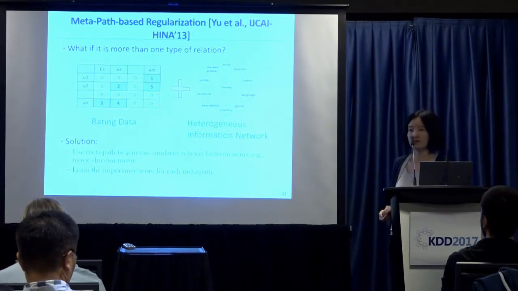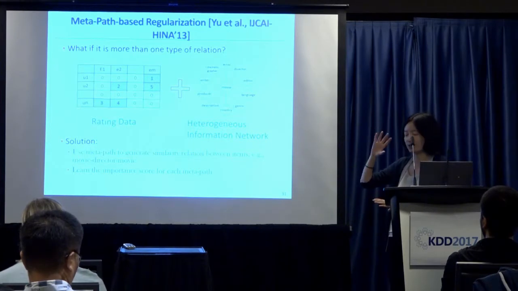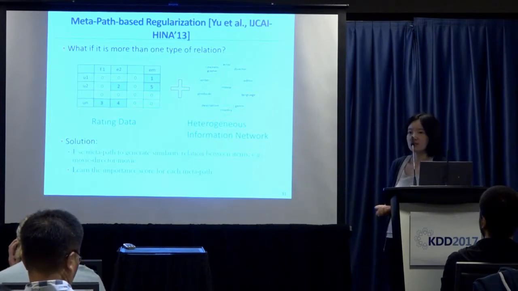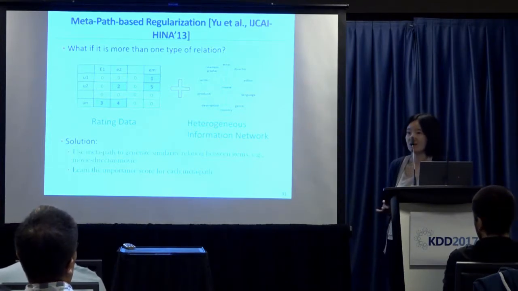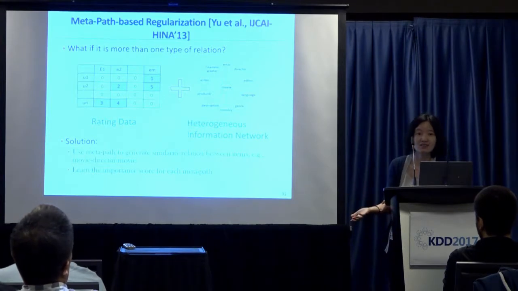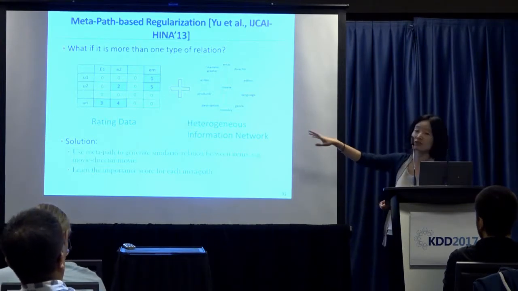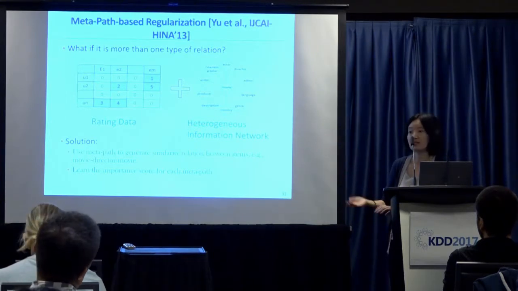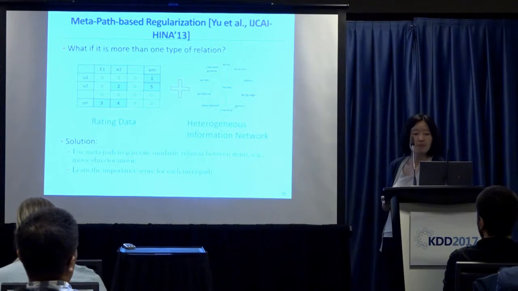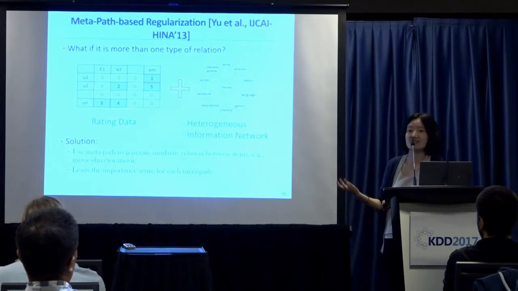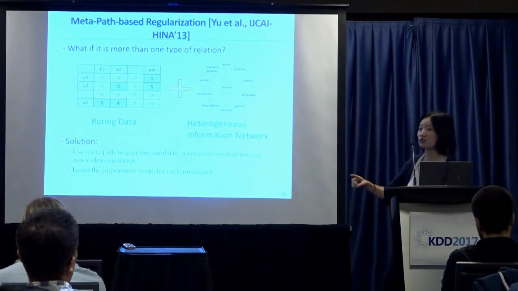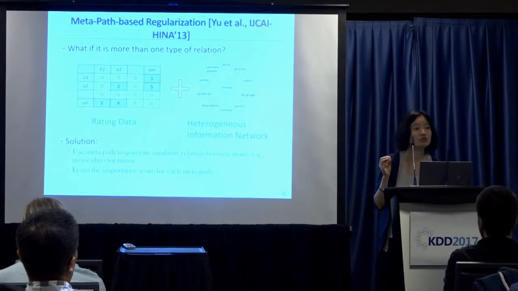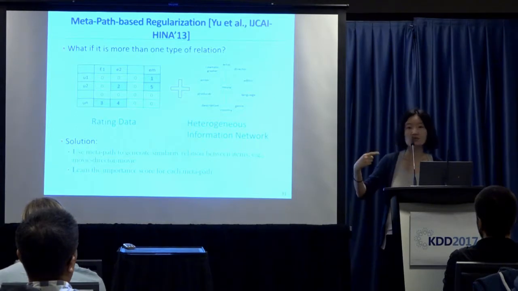But in the real world, okay, still think about that heterogeneous movie network in mind. A movie is actually connected to many other different types of entities, like directors, actors, even text, right? From the user side, of course, it's also connected to many other entities, but to make it easier to deliver our message, let's just consider the movie side. It's similar to what we can do on the user side. For the movie side, you can determine the similarity between movies through different meta paths. For example, movie, director, movie.